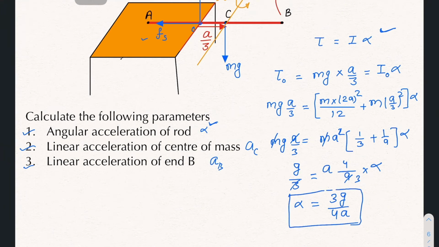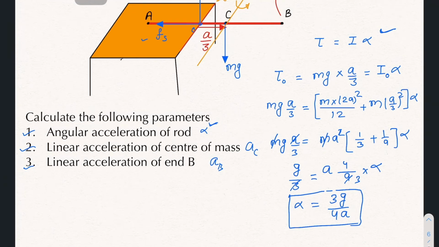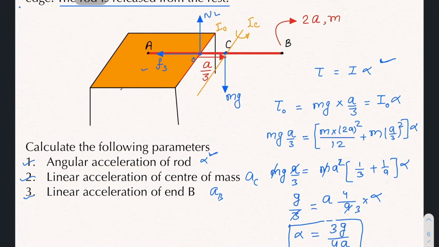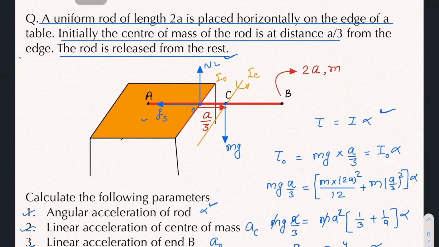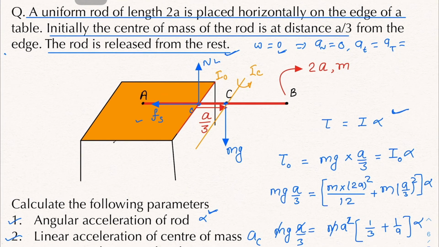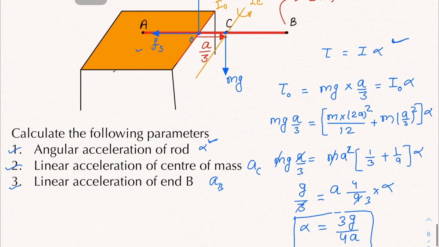Once we get the value of alpha, the task is very easy. The rod is released from rest, so what is the value of omega? Omega is 0. If omega is 0, then the normal acceleration of all the points has to be 0, so we have only the tangential acceleration. The tangential acceleration equals the total acceleration, and the tangential is r alpha. So I need to multiply the radial distance from the axis of rotation with alpha to get the linear acceleration.